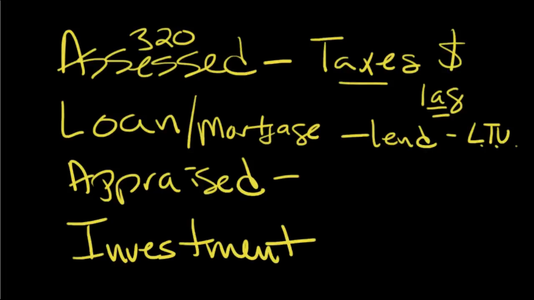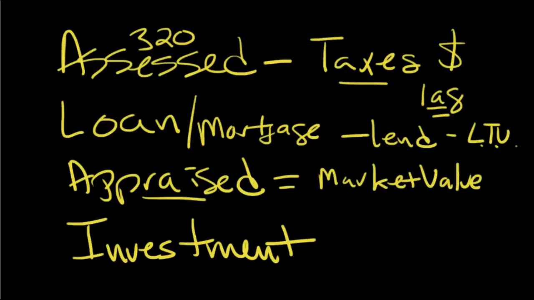Appraised value. This one is attempting to be as close as possible to the market value. This is an attempt by a licensed appraiser, a professional in the field, to reach market value. They're doing their best to reach market value. I would just make a quick cautionary kind of opinion here.